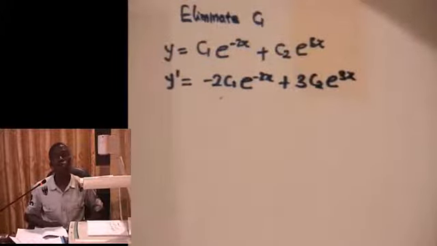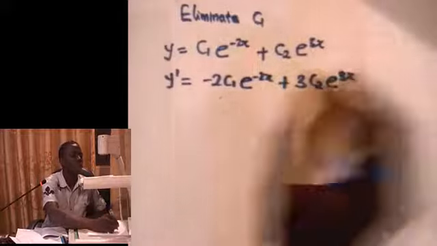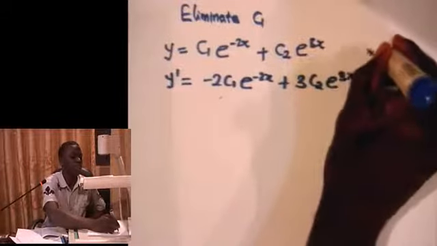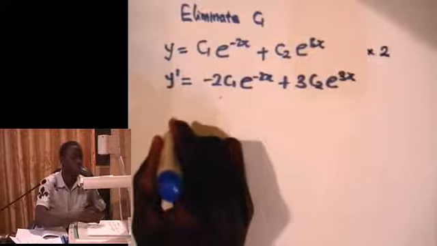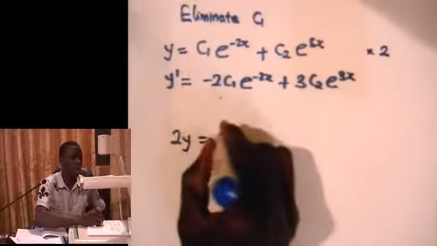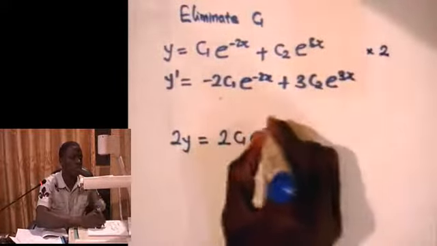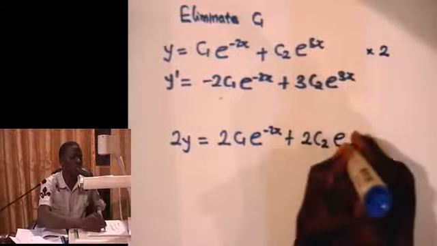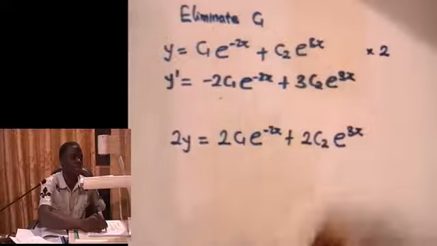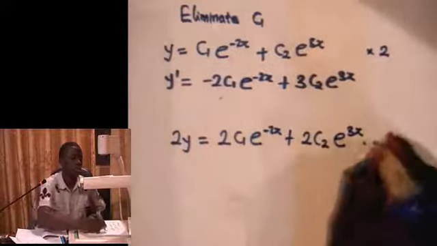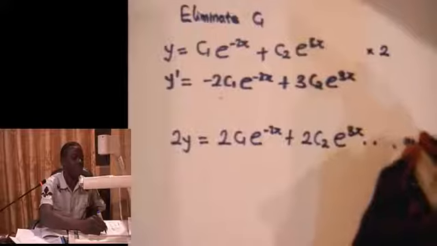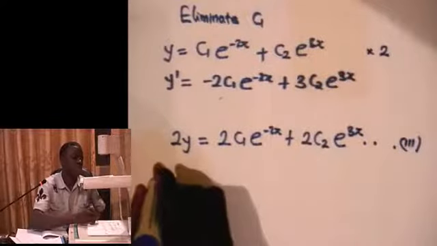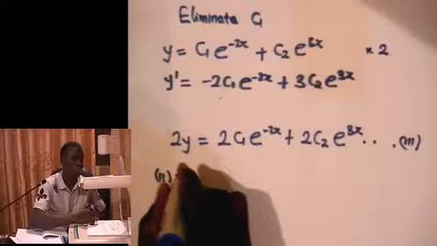Since we want to eliminate c1, I'm going to use the method of elimination. Multiply equation 1 by 2. So we have 2y equals 2 c1 e raised to power minus 2x plus 2 c2 e raised to power 3x. Now add equation 2 to this.